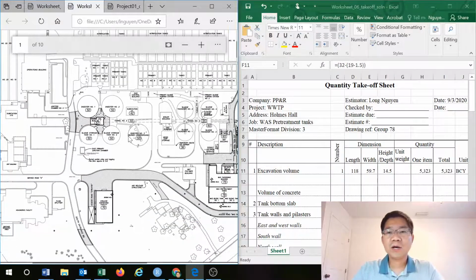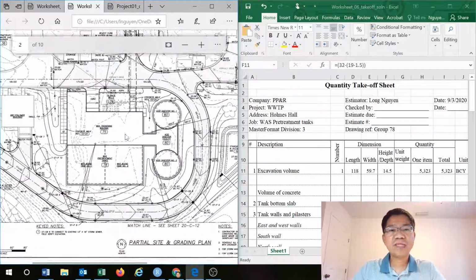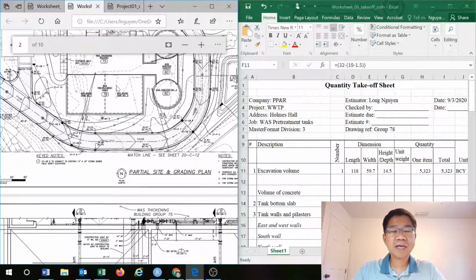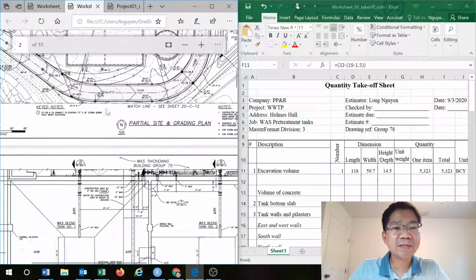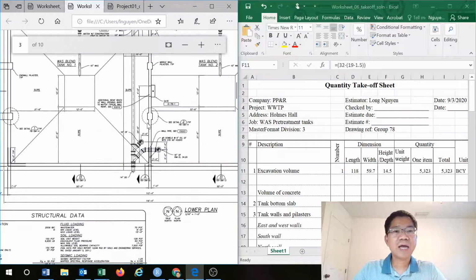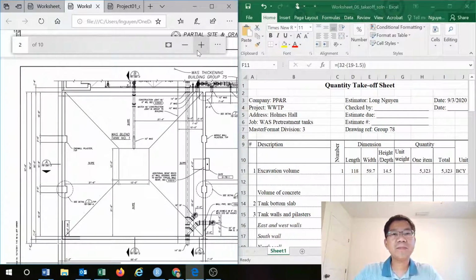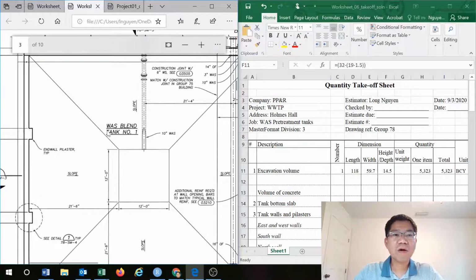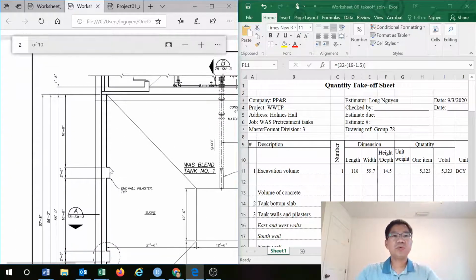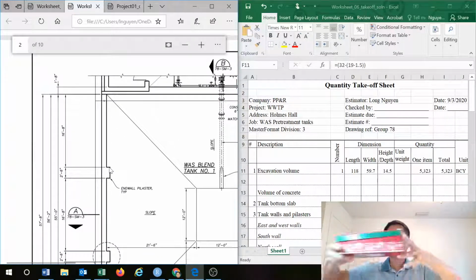So go to the excavation volume for the tank, item 78, the water treatment pre-treatment tanks that we're talking about, and that is the drawing here. You can see the length and the width, 59.7, where that comes from. This is the tank.